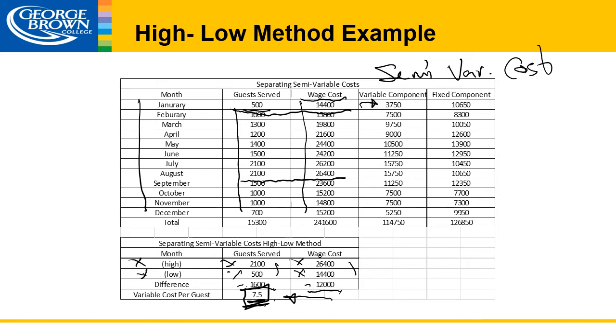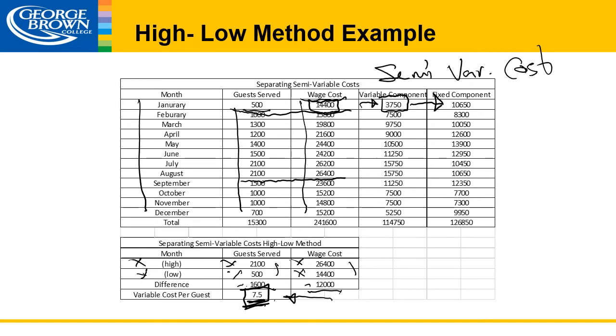To find the fixed component, we take the total cost, in this case 14,400, subtract the variable component, and it gives us the fixed component. You do this all the way down, and for each month you have successfully separated the semi-variable cost into its variable and fixed component.